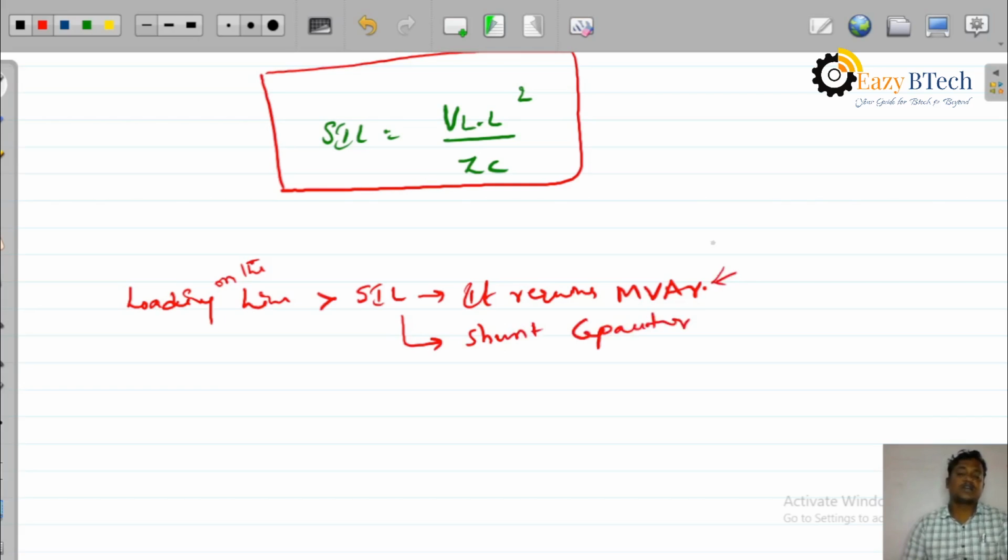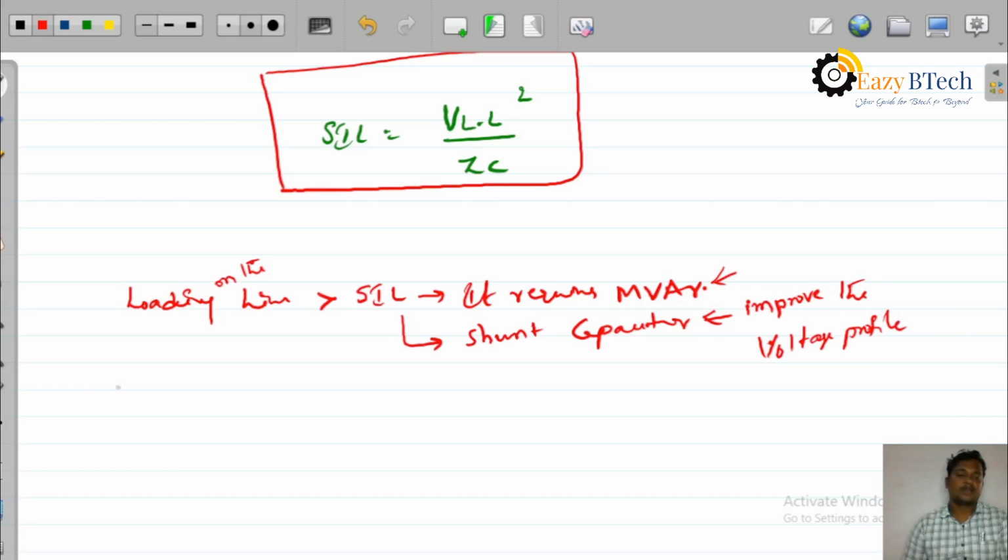If loading is greater than SIL, it operates at a lagging power factor, so we have to improve the power factor by connecting the capacitors. By connecting these shunt capacitors, we can improve the voltage profile of the line.